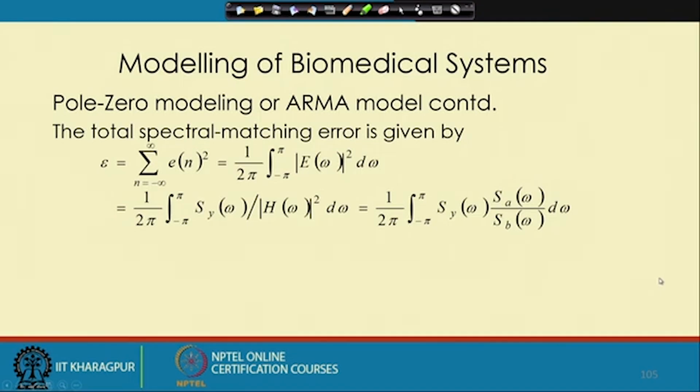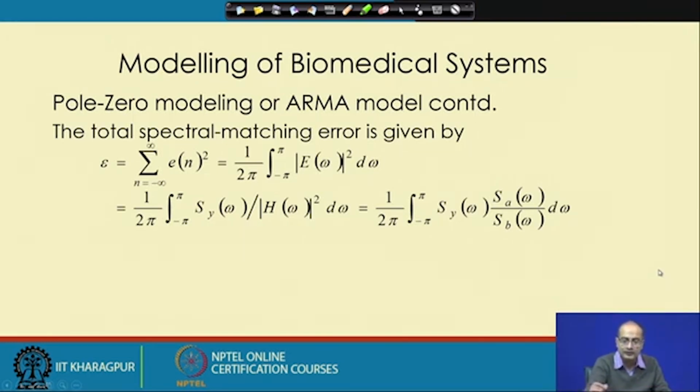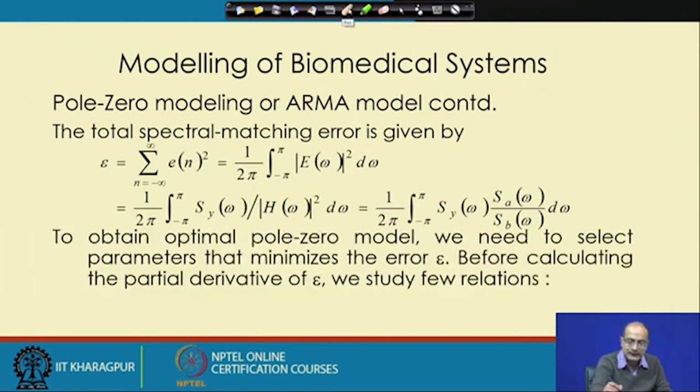The spectral domain error, mod E of omega squared, can be represented in terms of the spectrum of the signal S_y and H of omega, and H of omega can be represented in terms of S_A and S_B.